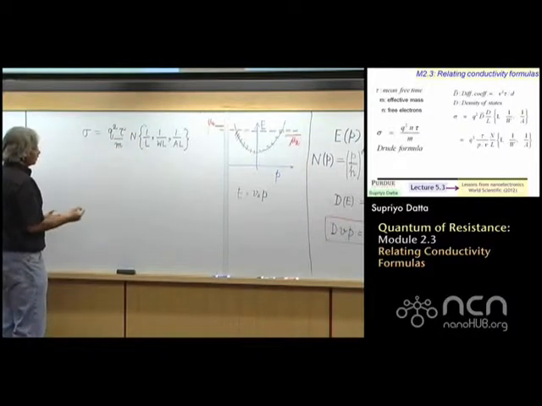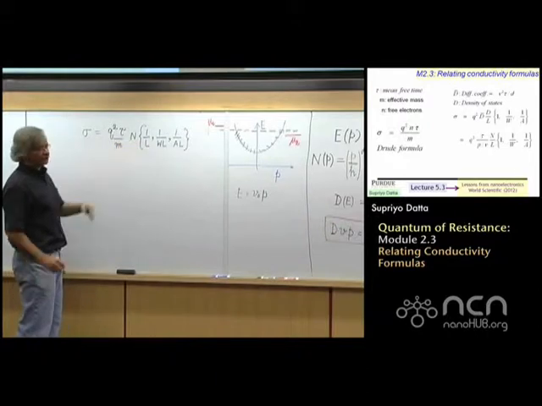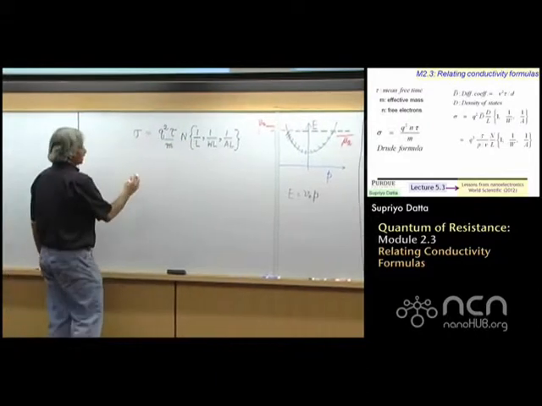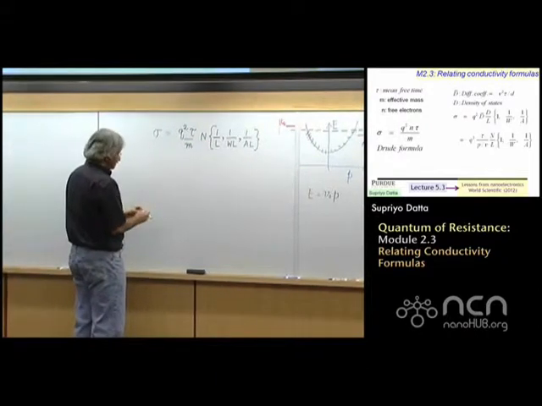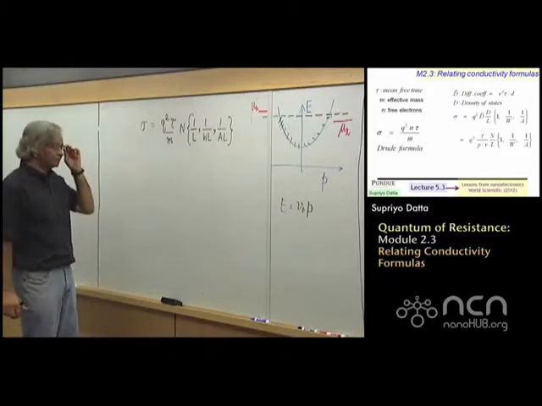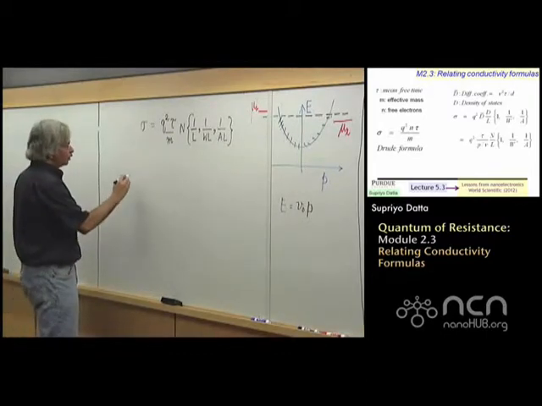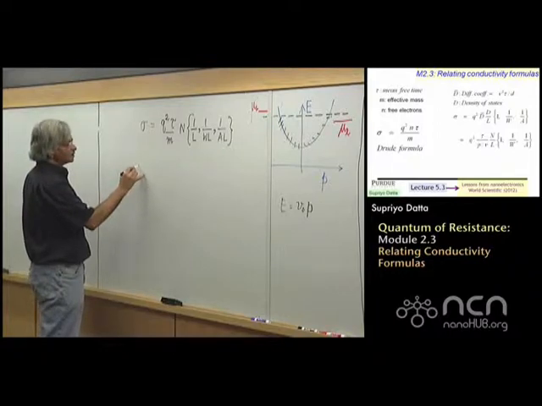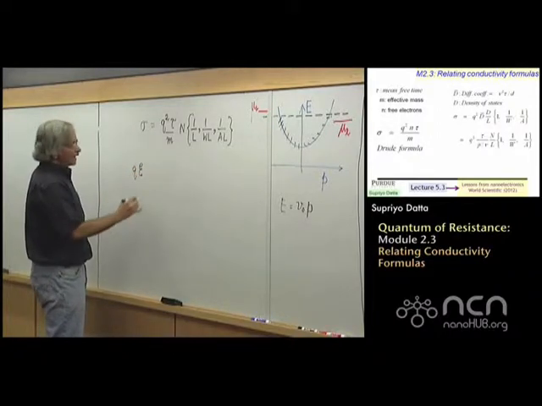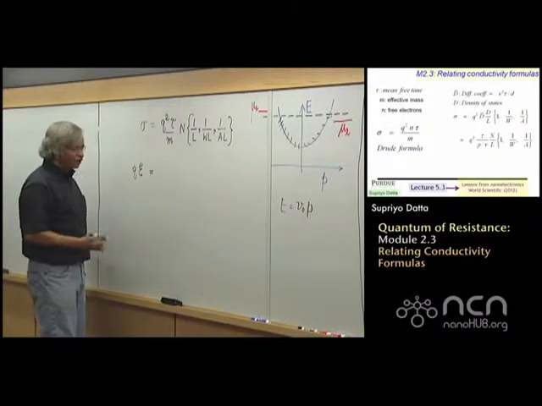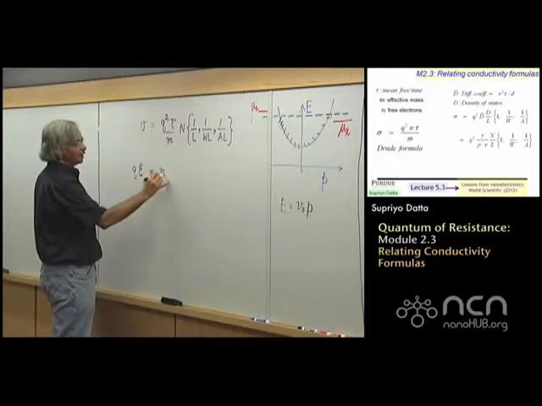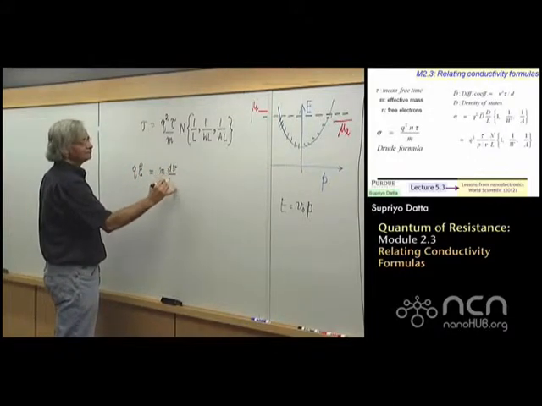And the argument, let's just do it in 1D for simplicity. The argument usually goes that electrons are driven by electric fields, and so the force that an electron feels is qE, and according to Newton's laws, qE should be equal to m dv/dt.